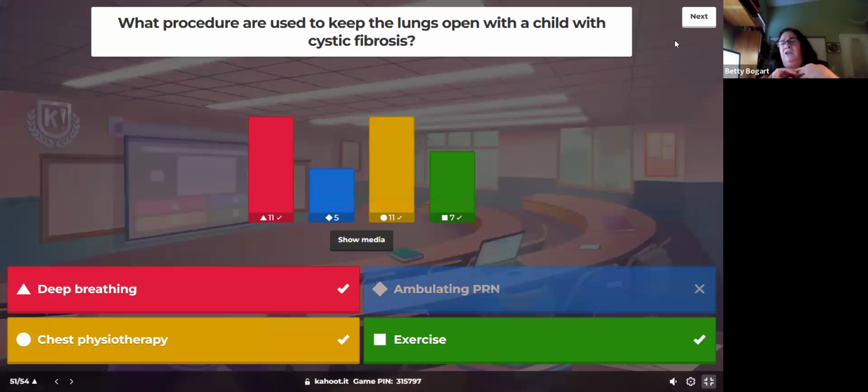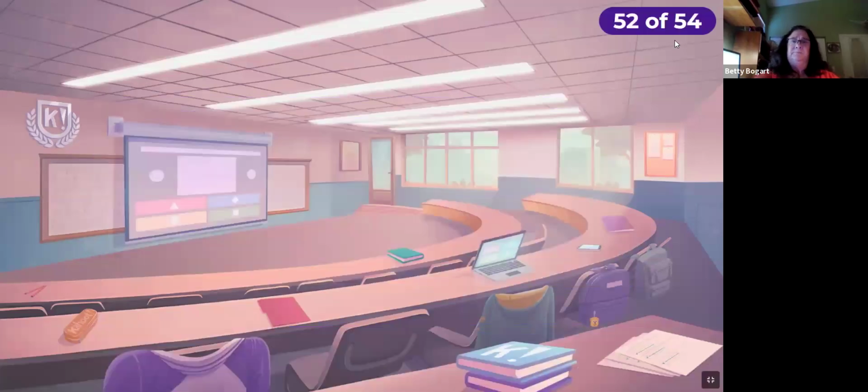This is a child that you do everything to keep their lungs at optimal, which means deep breathing and coughing and exercise, chest PT. Remember, with cystic fibrosis, we're going to be giving their aerosol to dilate, right? Then we're going to do this chest CPT to get rid of the mucus. Then we can feed the child. Another thing to remember is cleaning the equipment every day because it's pretty bad.